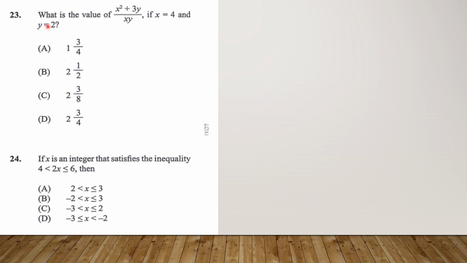Question 23. What is the value of x squared plus 3y over xy when x is 4 and y is 2? So it's a substitution question. x squared plus 3y over xy. So if I see x, I'm going to replace it with 4.